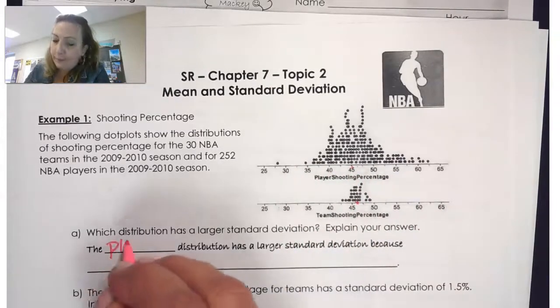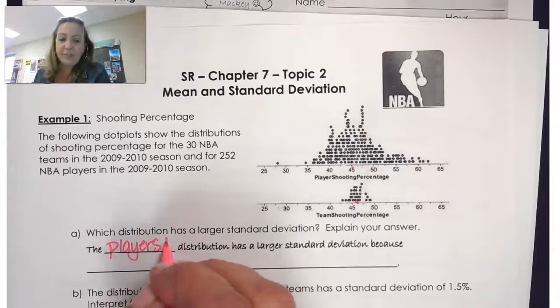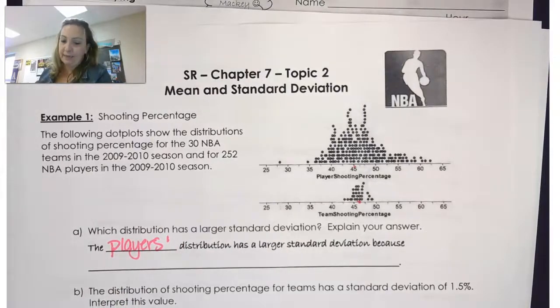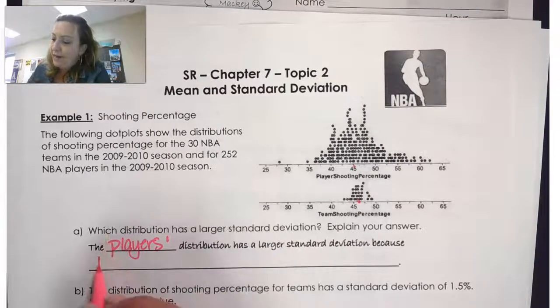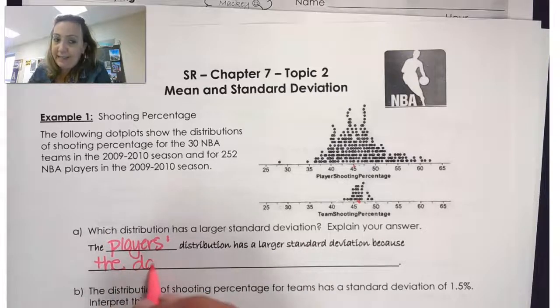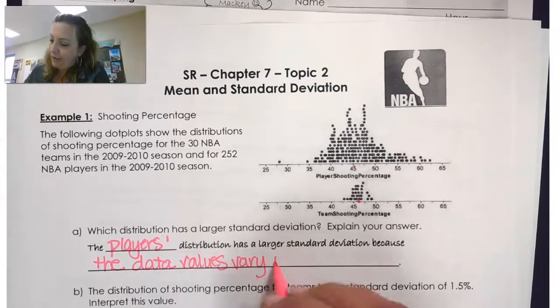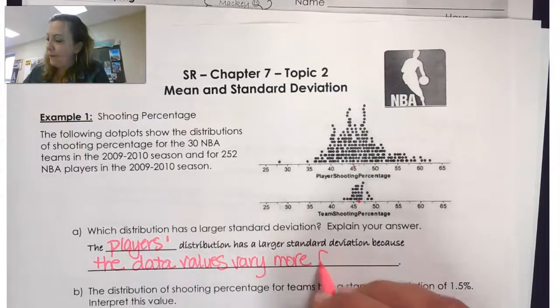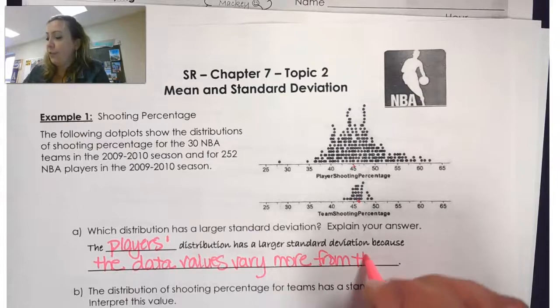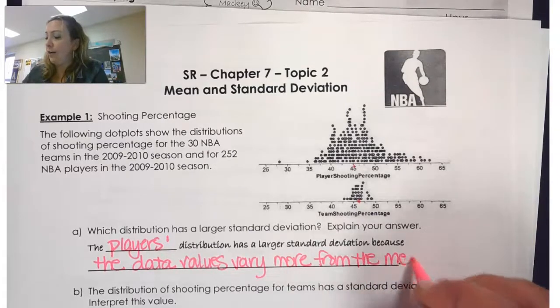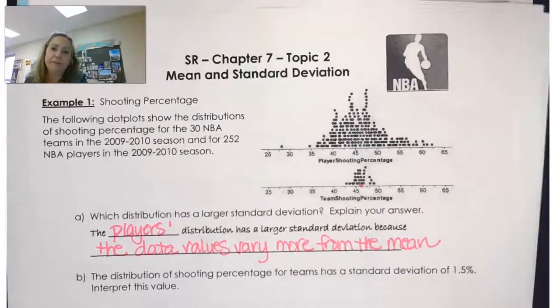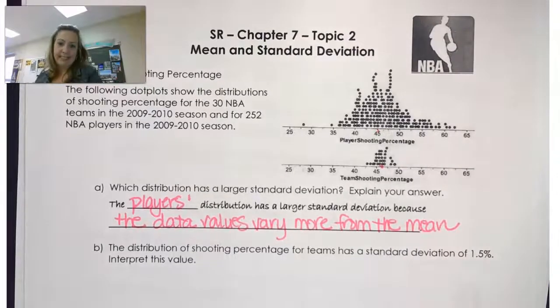So we can say that the player's distribution has the larger standard deviation. And statistically, we can say that that's the case because the data values vary more from the mean. Or you could say the data values are farther from the mean on average than the teams.